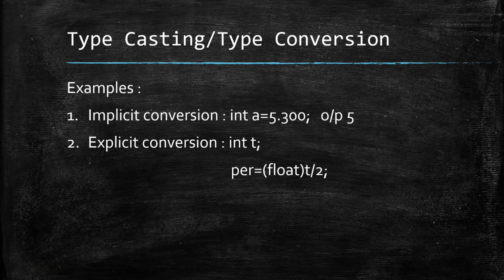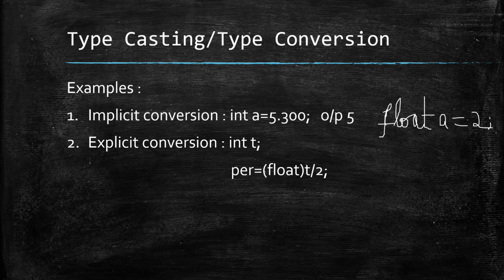Let's take another example for implicit conversion. Say float. Float is for decimal values, right? So I'll say float a is equal to 2, semicolon.